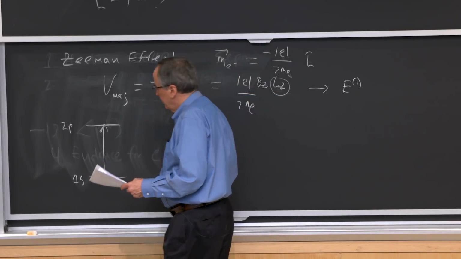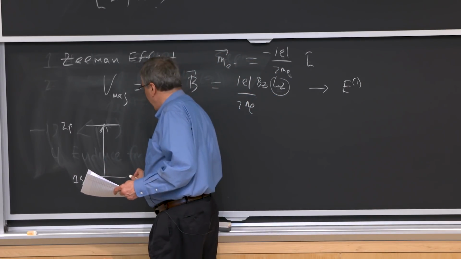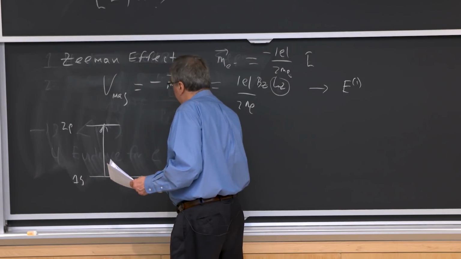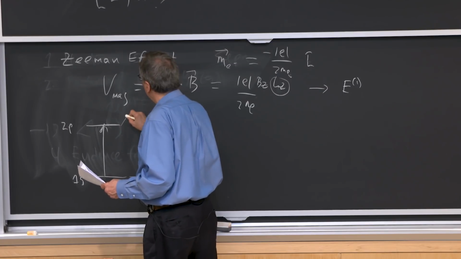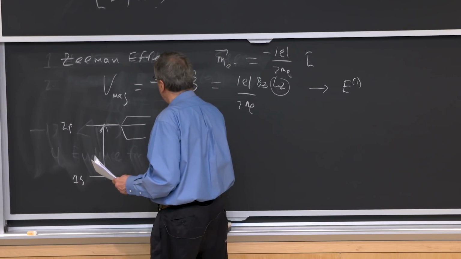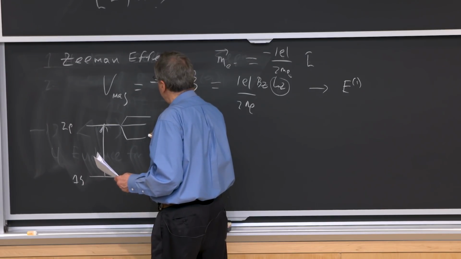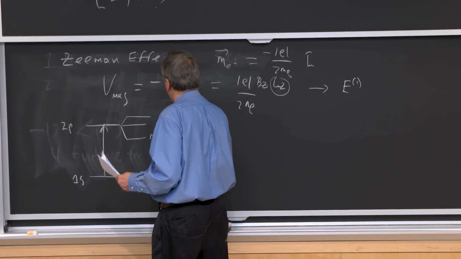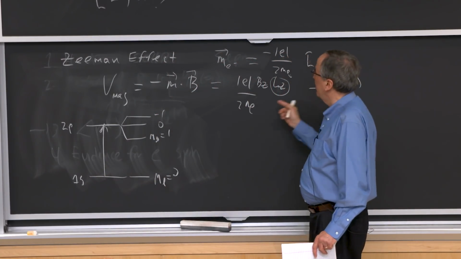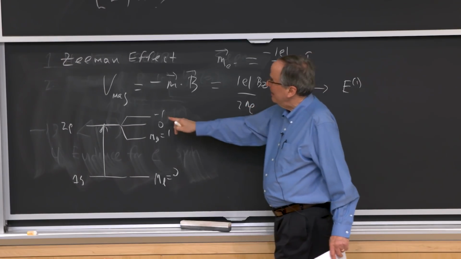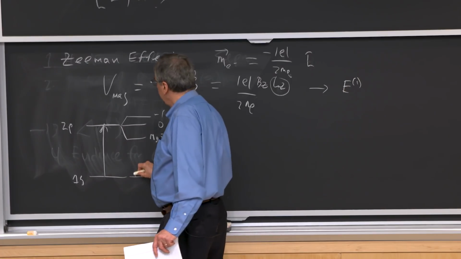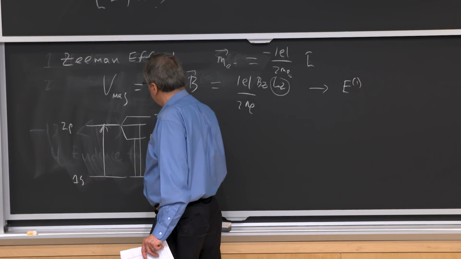So this is an angular momentum of 0. So we would expect it would be m_l equals 0. And here, it could split into 3 components: m_l equals 1, 0, and minus 1. Anyway, that's what we expect. And so being naive, you might expect transitions like this.